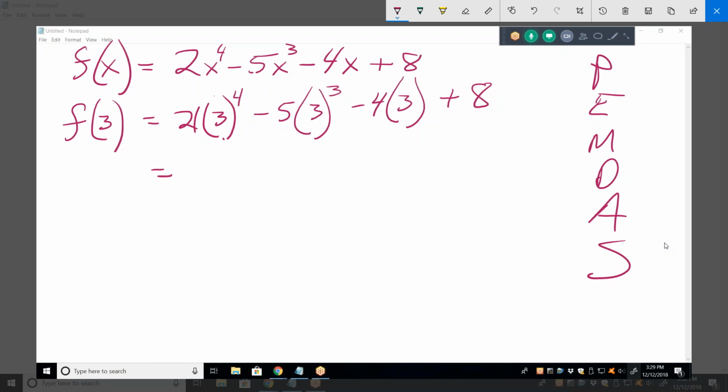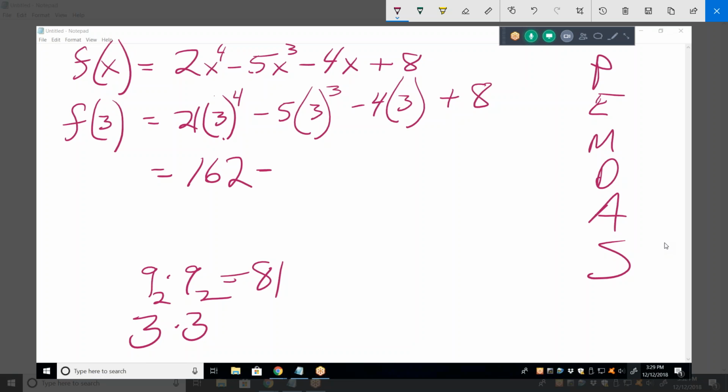In other words, it's the same as 3 squared times 3 squared. That would be 3 to the 4th, right? Yes, that's 9 times 9, 81. Okay, an easier way of doing it. 81 times 2 is 162.